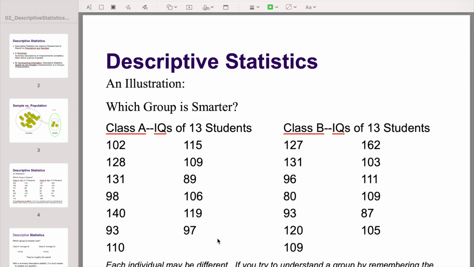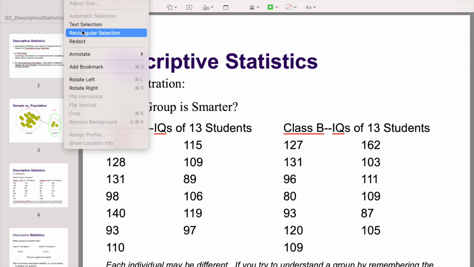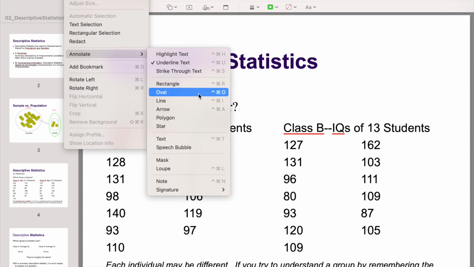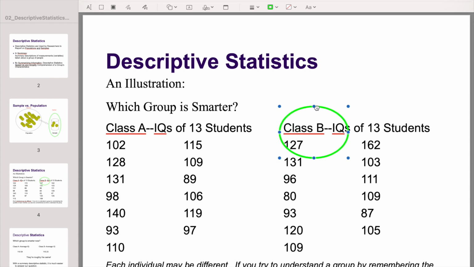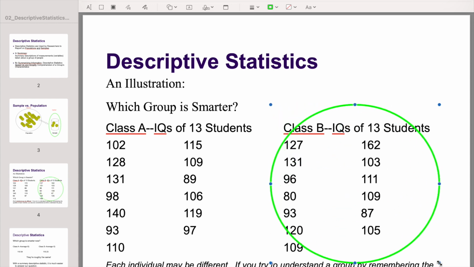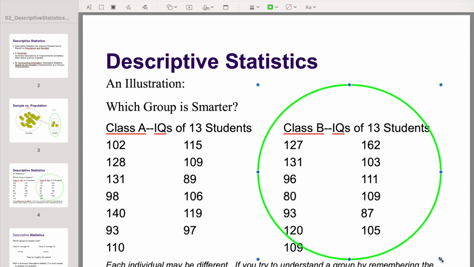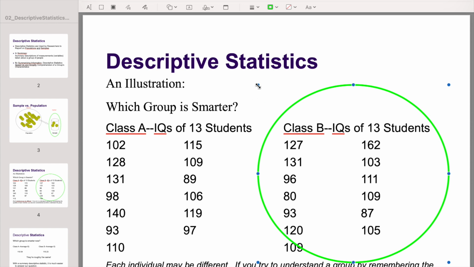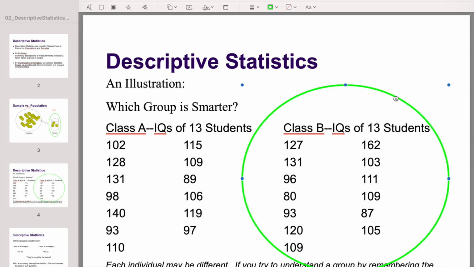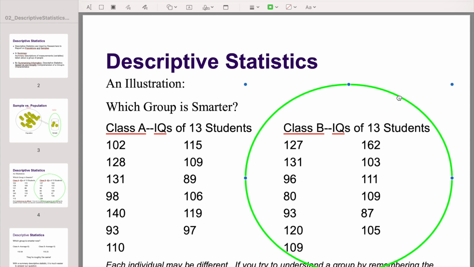But these numbers here are the IQ measure of the 13 students in class A, and these numbers here are the IQ measure of the students in class B. So what can we do? What kind of descriptive statistic can we calculate from this?